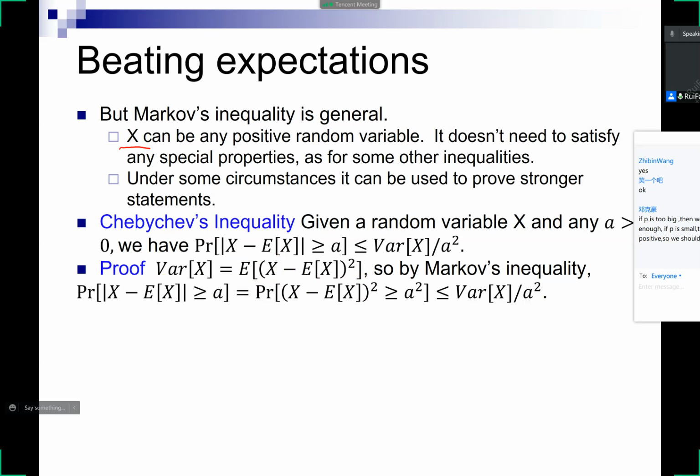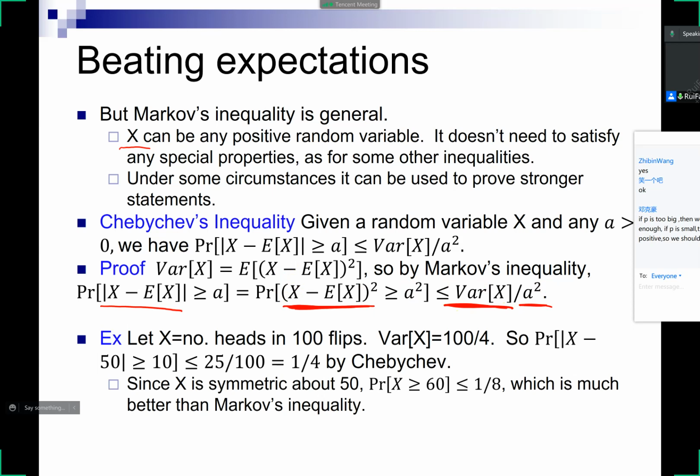So if you apply Markov's inequality, then the probability that this thing is larger than a is equal to the probability that this thing squared is larger than a squared. By Markov's inequality, that's going to be at most the expectation of this term, which is the variance, divided by a squared. The expectation of this thing is equal to the variance. So that proves Chebyshev's inequality.